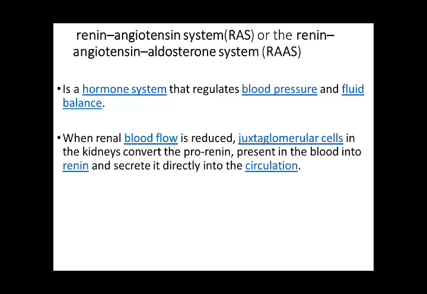The renin-angiotensin system, how it comes into play, is a blood pressure regulating hormone and a fluid balance hormone. When the renal blood flow is reduced, juxtaglomerular cells in the kidney convert prorenin present in the blood into renin, so it is the kidney again, and it is secreted directly into the circulation.